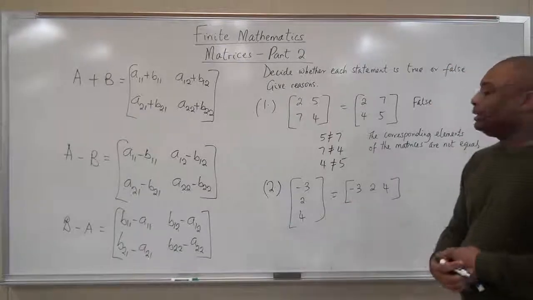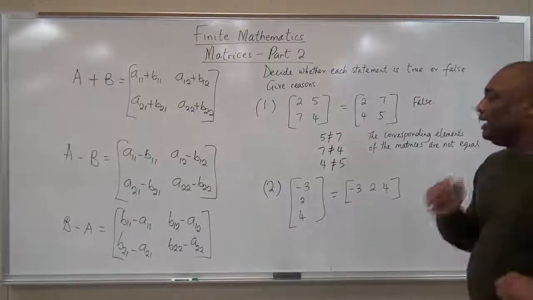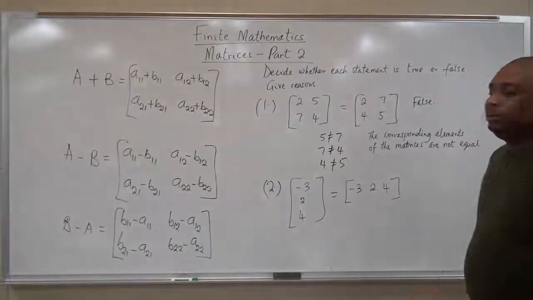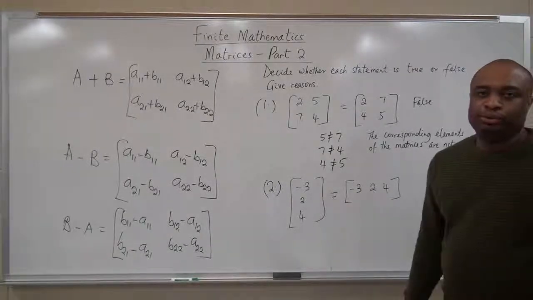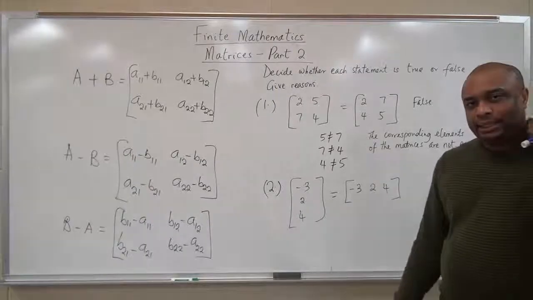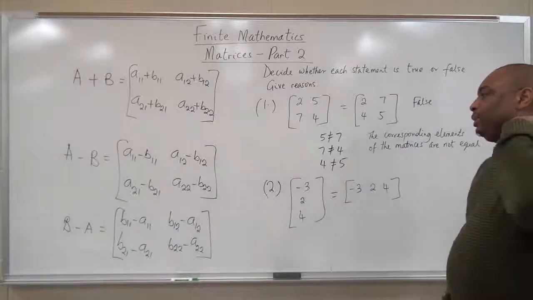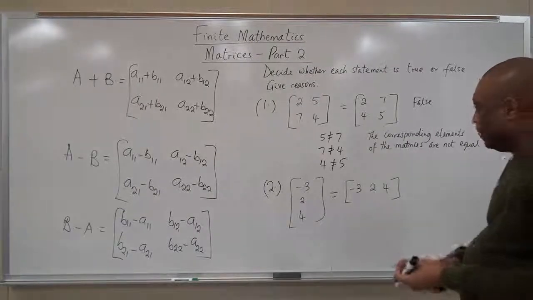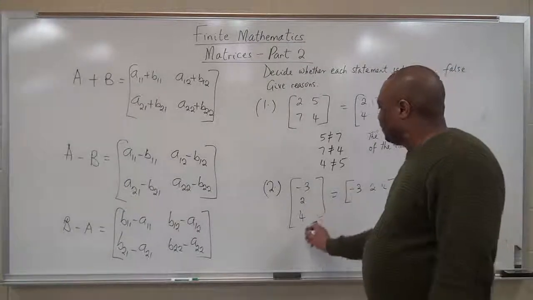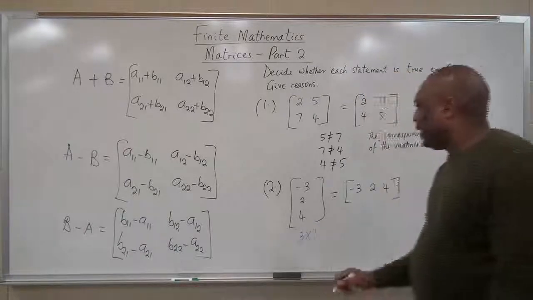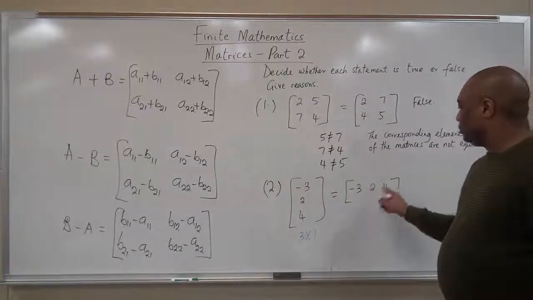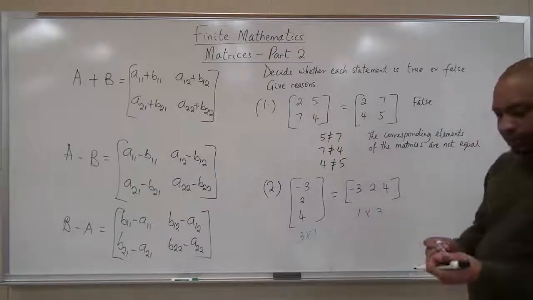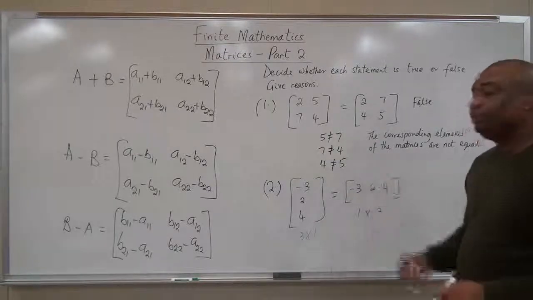Now look at this case. Are they the same? Is this true or false? Don't be tempted to say that it's true. You make a mistake if you say that it's true. Because first of all, they don't have the same size. What's the size of this? 3 by 1, right? And this is 1 by 3. So because of this, it won't be equal.